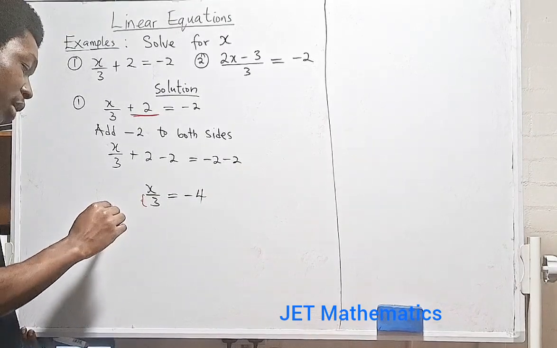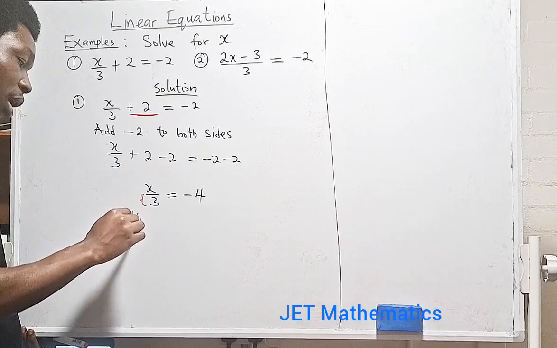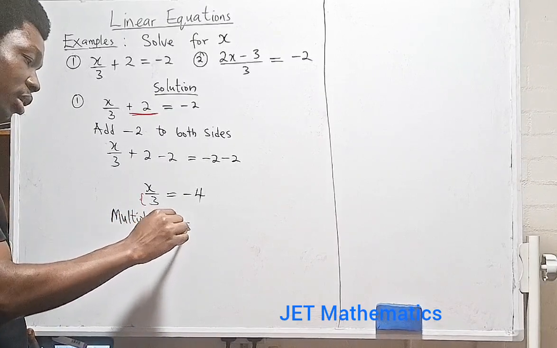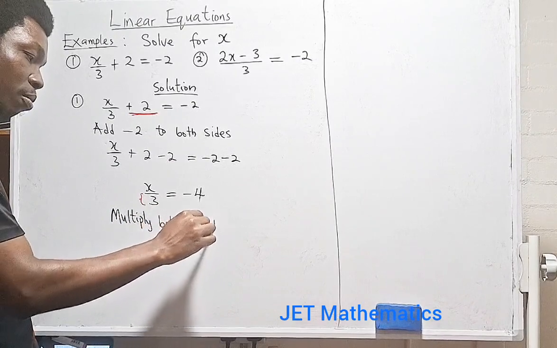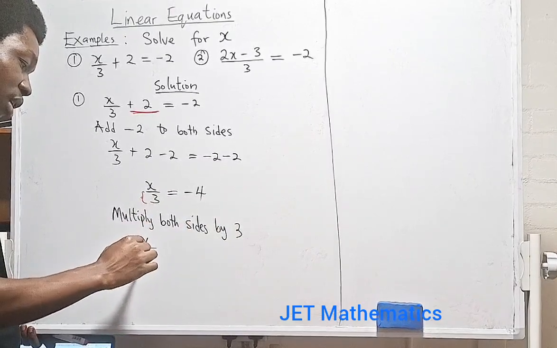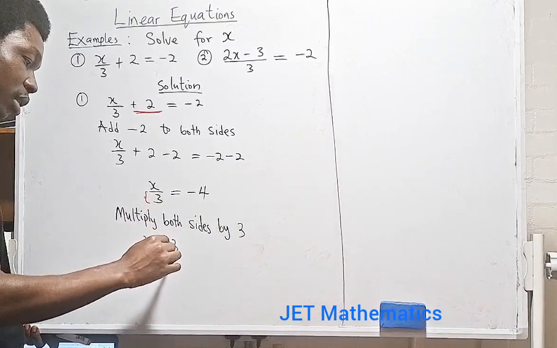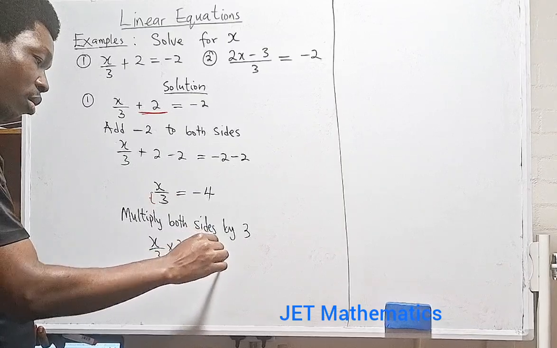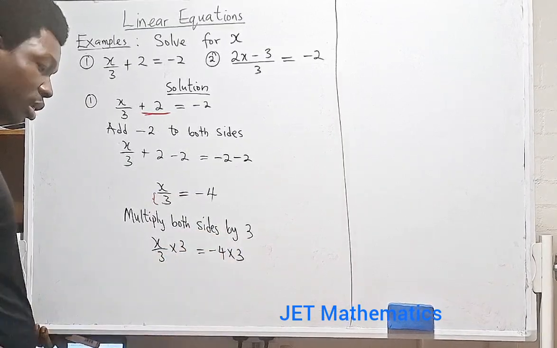So multiply both sides by 3. So this gives us x over 3 multiplied by 3 is equal to minus 4 multiplied by 3.